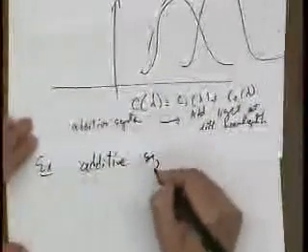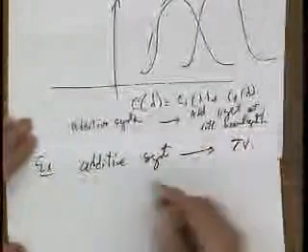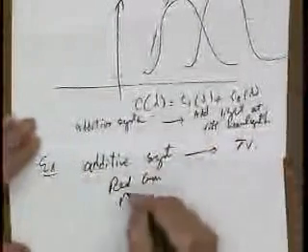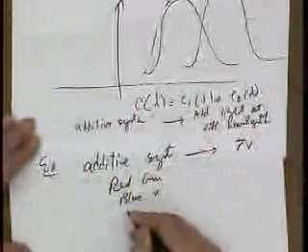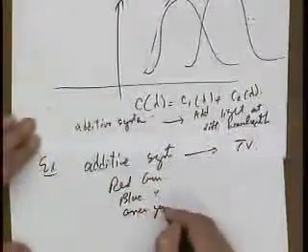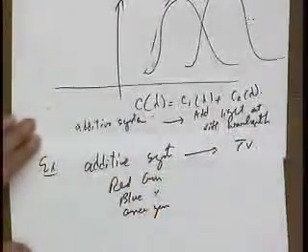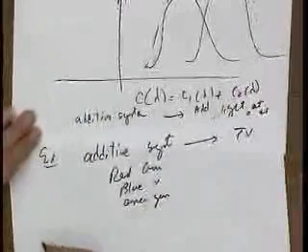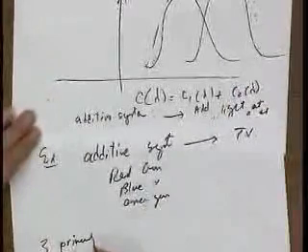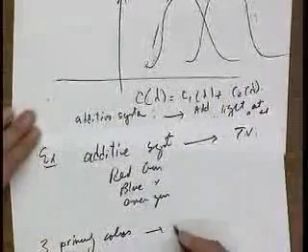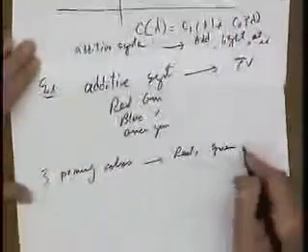So an example of an additive system is the TV. You have the red gun, the blue gun, and the green gun. Okay. And the additive system has three primary colors, and they are red, green, and blue.